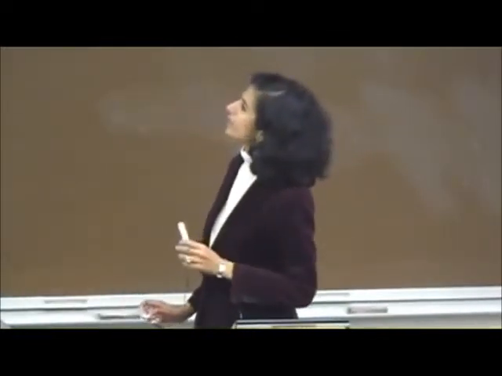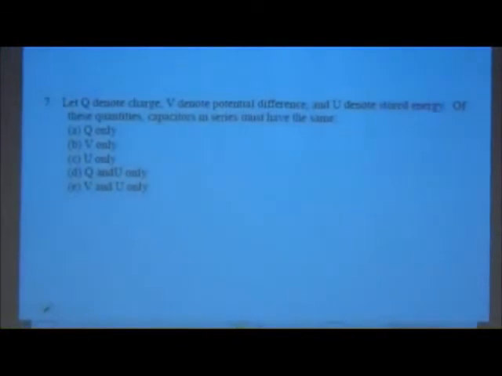It says, let Q denote charge, V denote potential difference, and U denote stored energy. Of these quantities, capacitors in series must have, you have 3 choices. Your time starts now.